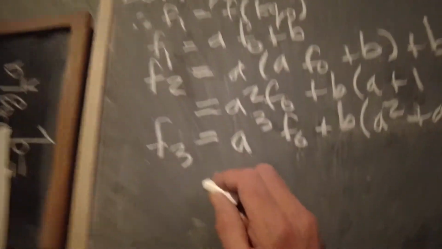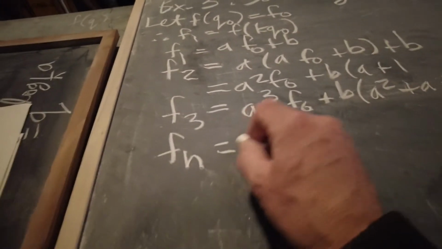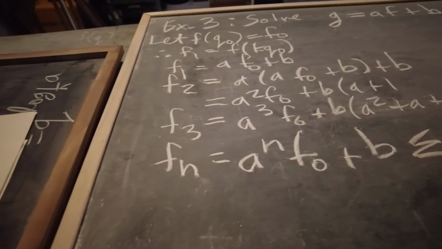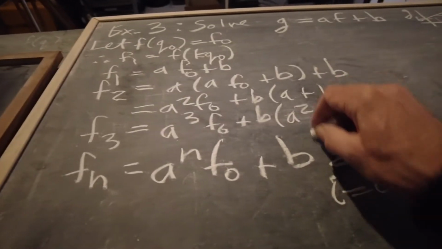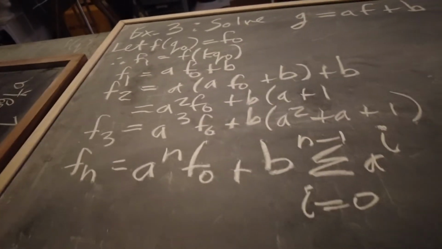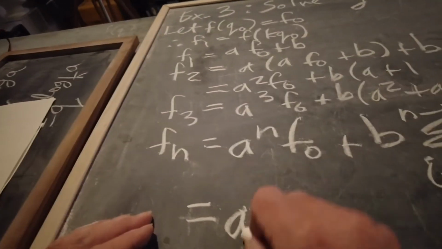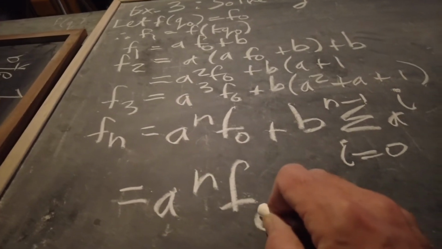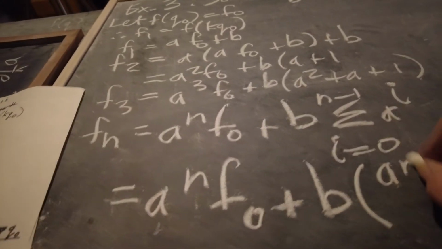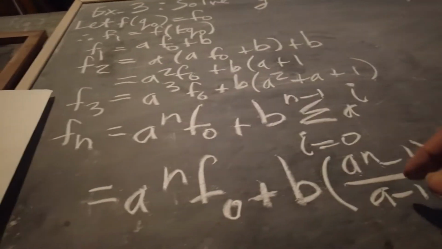And more generally, we can write that f sub n equals a to the n f0 plus b times the sum from i equals 0 to n minus 1 of a to the i. So you can see this is just a simple pattern here, and that is equal to a to the n f0 plus b times (a to the n minus 1) over (a minus 1). This is just the sum here.